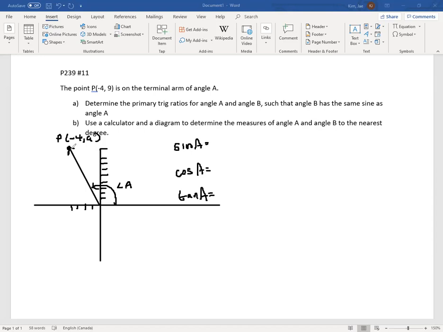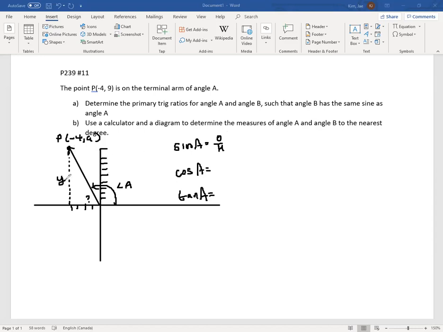Sure. So (-4, 9), we can create an imaginary triangle on the Cartesian coordinate where this is angle A. So don't worry about what that might be. Regardless, the triangle created by angle A, in this particular case, would be opposite over hypotenuse.